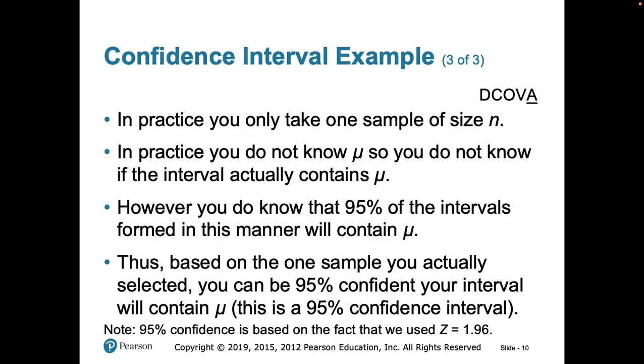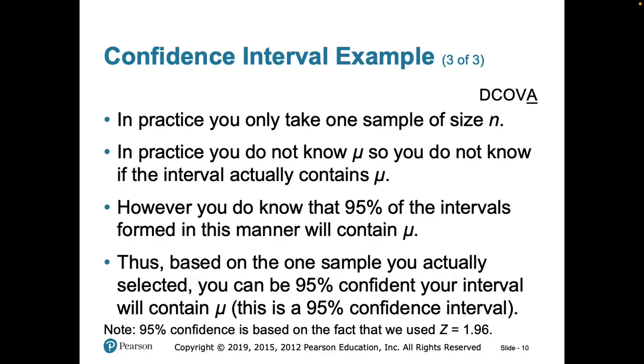You're not going to take several samples. You just take one. Also, you do not know the mean of the population, because if you knew it, there would be no need to do all of this. But you do know that 95% of the intervals formed in this manner will contain mu.